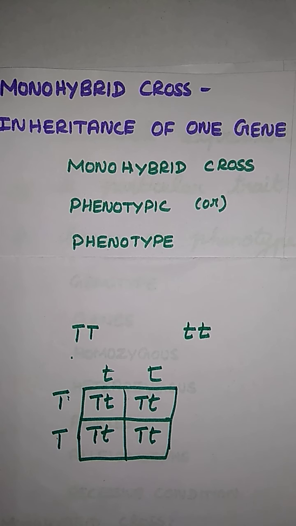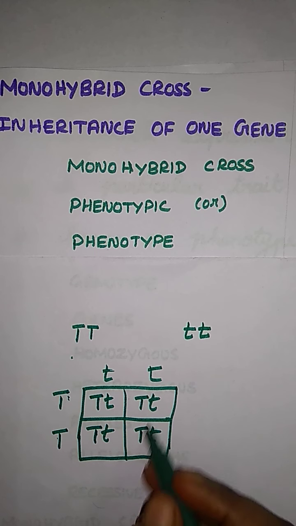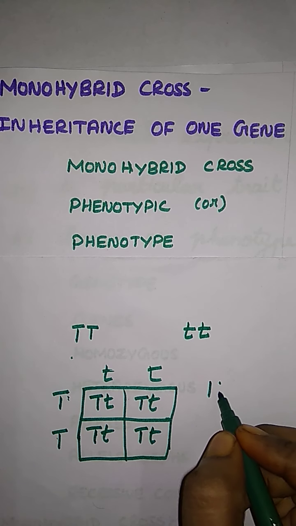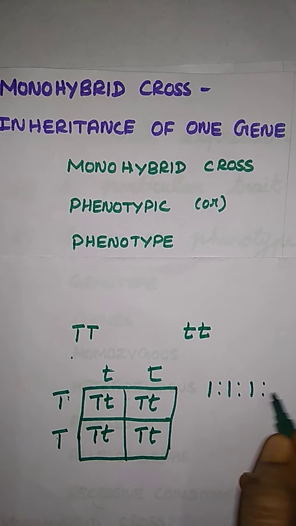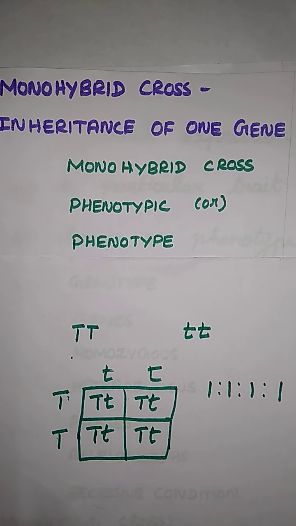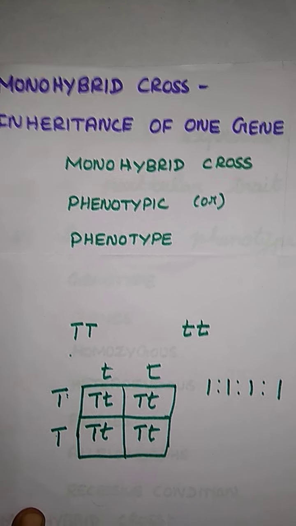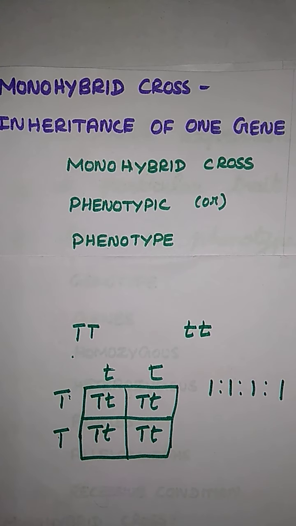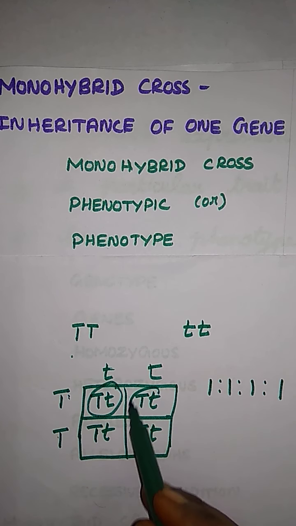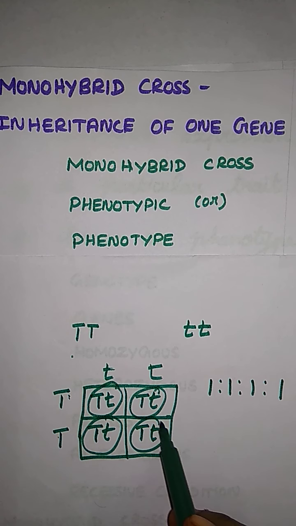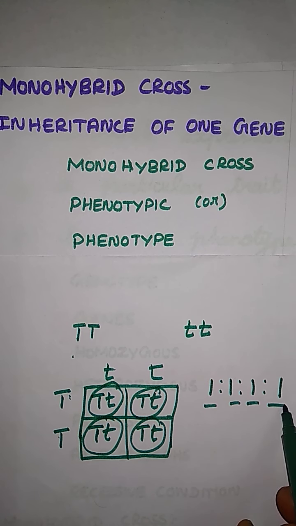Here, what is the ratio? 1:1:1:1. So this is the ratio of a monohybrid cross. How have we said 1:1:1? We are having a single trait, single trait, single trait, and single trait. So this is the ratio of a monohybrid cross.